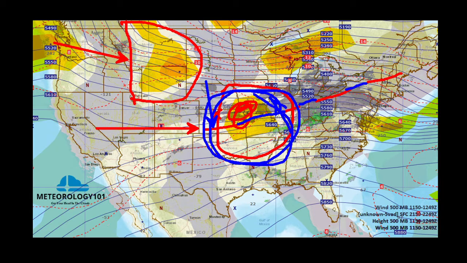Now you can get a low pressure system form along that front, and then that's when you have the warm front, cold front, and then that system develops and starts moving to the northeast.